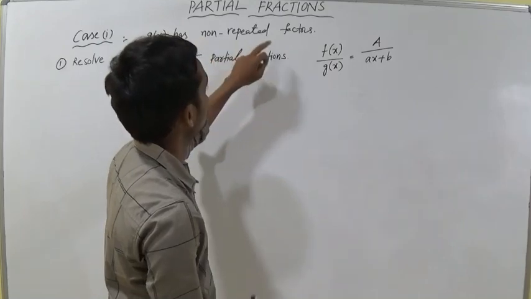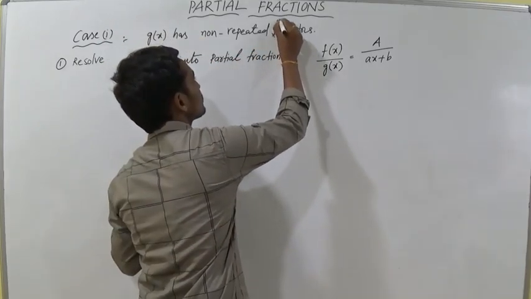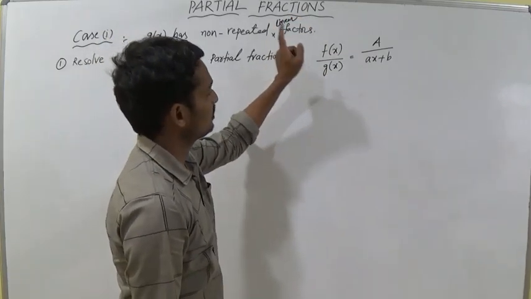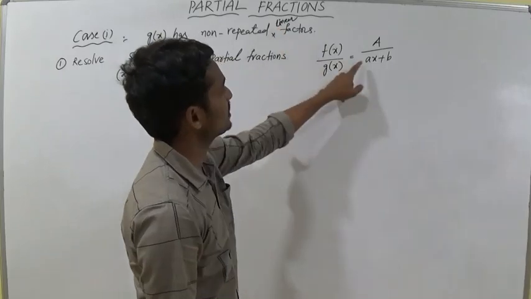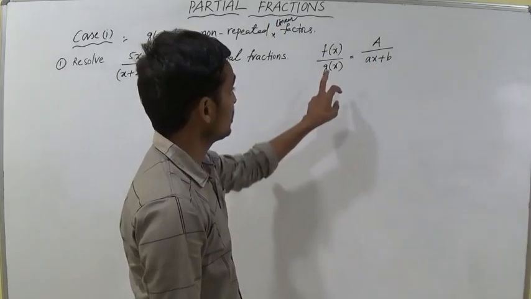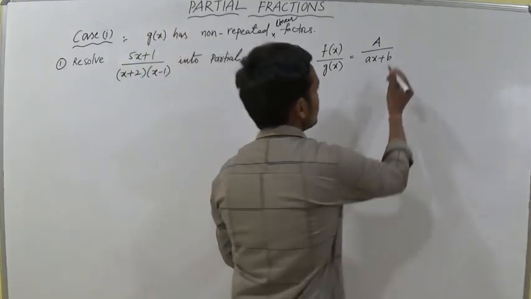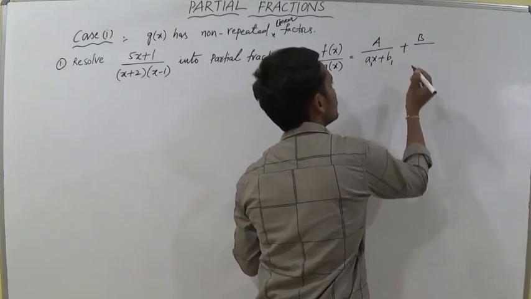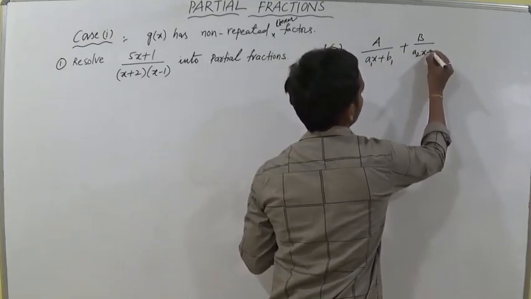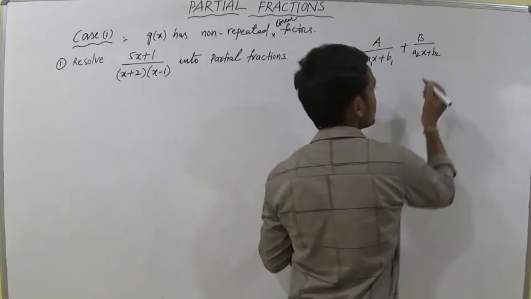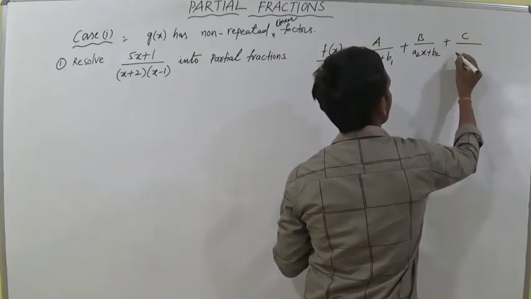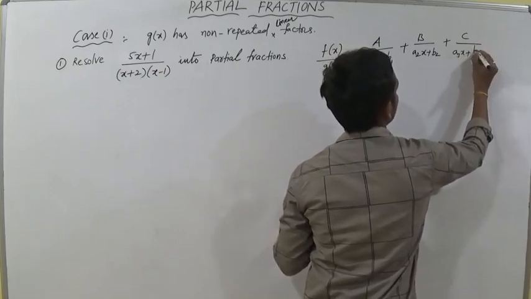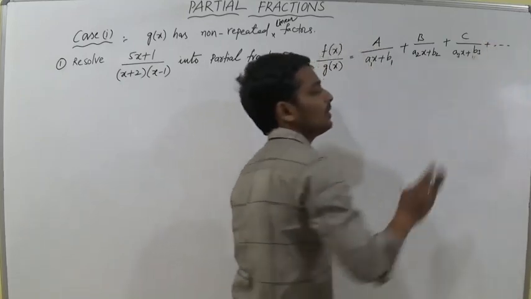If g of x has non-repeated linear factors, the general form of a linear factor is ax plus b. For example, if g of x has 2 factors, we write a2x plus b2. In the same way, if it has 3 factors, we write a3x plus b3, and if it has 4, we continue similarly.